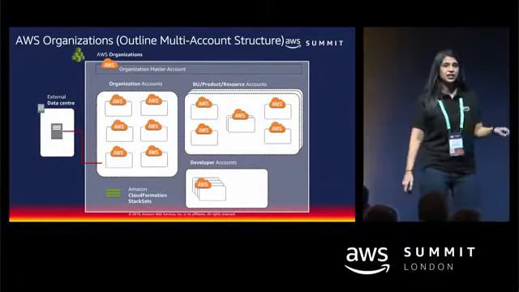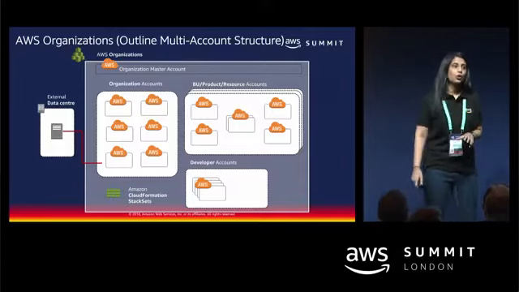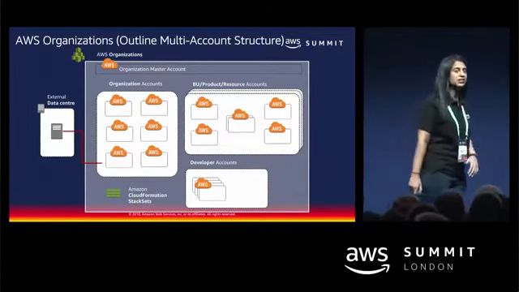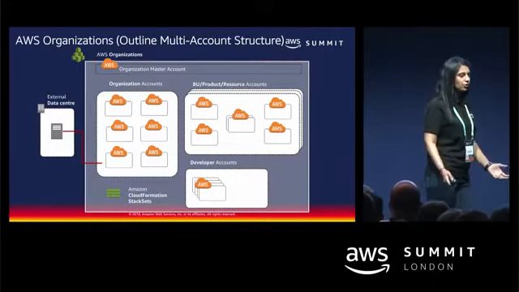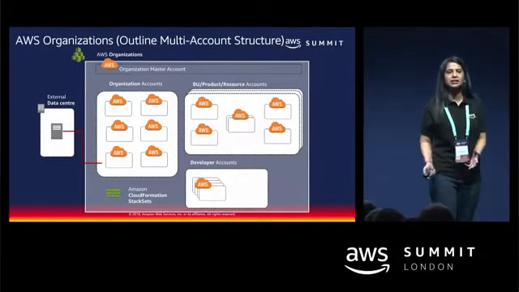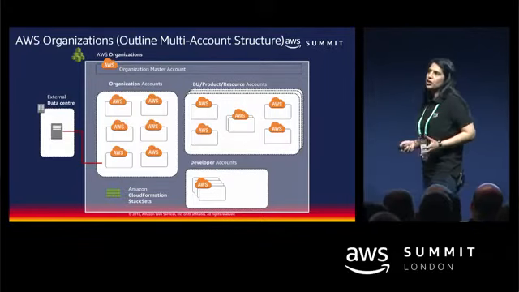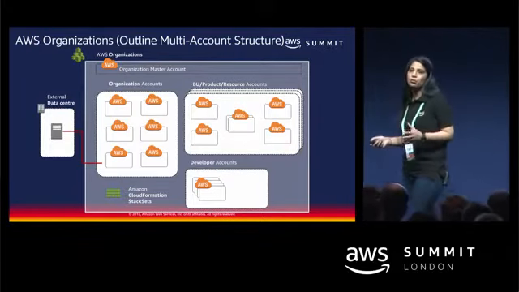And on the right-hand side, you have your resources accounts, which could be your production environments, and your dev and test environments. The reason to create these is typically because you could have people working autonomously and semi-independent of your main production accounts.